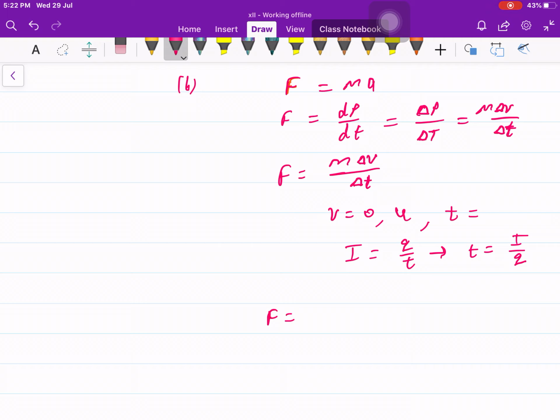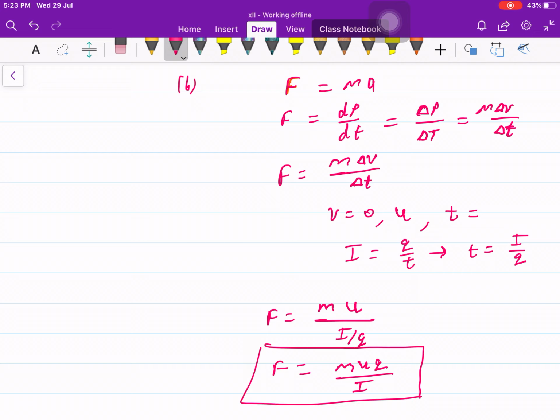F is equal to m delta v, that is simply only u. You can put sign if you want. Okay, no problem. U, because v is 0, so only u will be there, upon delta t, that is q by I. Or I can write this force will be m u I upon q.